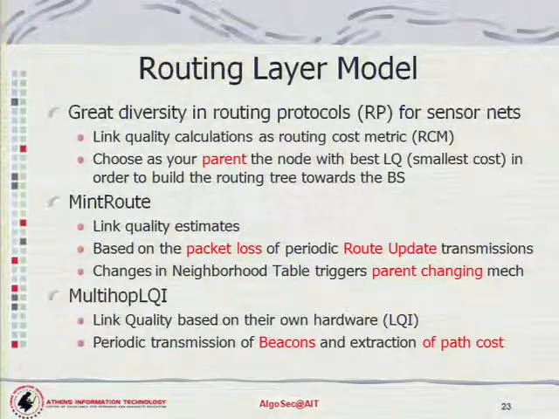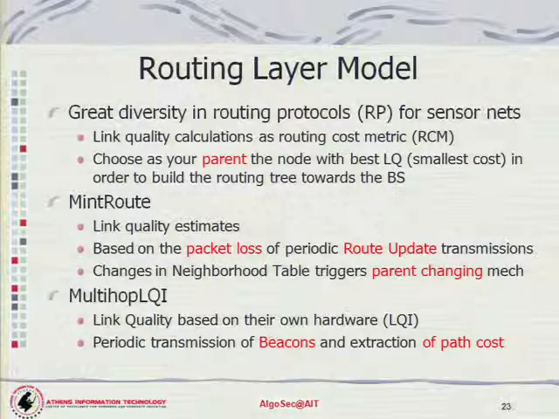So the nodes periodically transmit a specific message called route update, and all of their neighbors that receive this transmission of the route updates estimate the link quality based on the packet loss of these route updates. The route updates have a sequence number. By starting the routing protocol, you have packet sequence numbers 1, 2, 3.